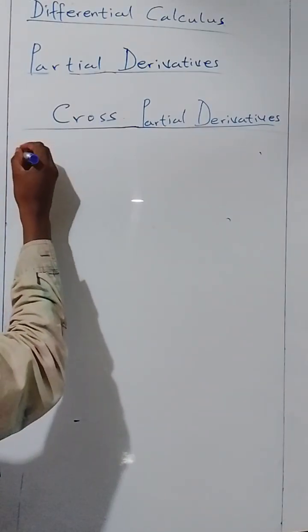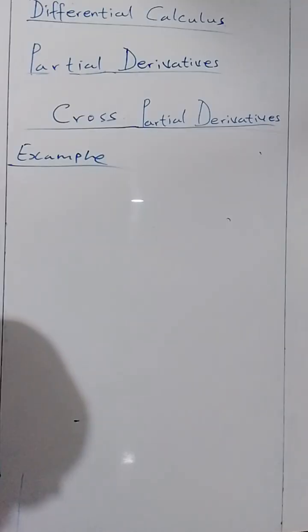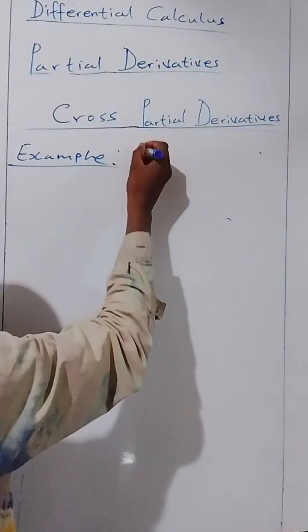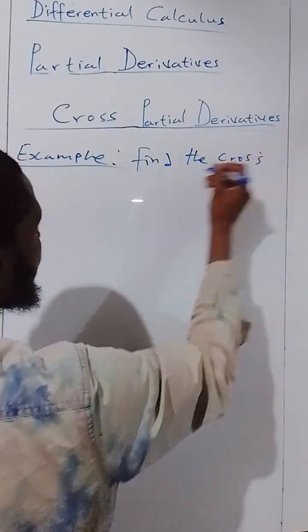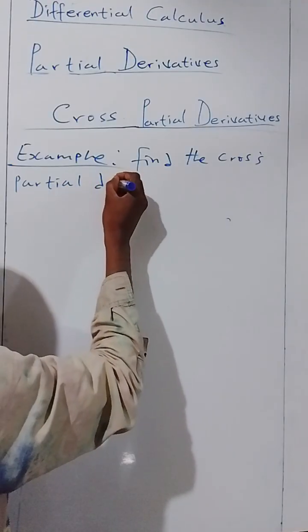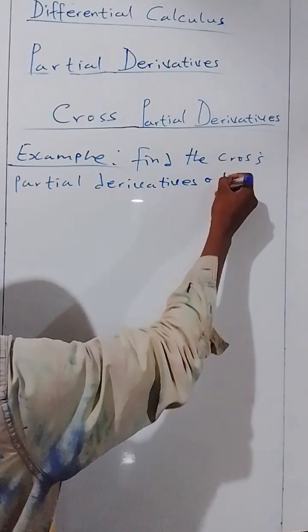So let's say we are told to find the cross partial derivative of this function.